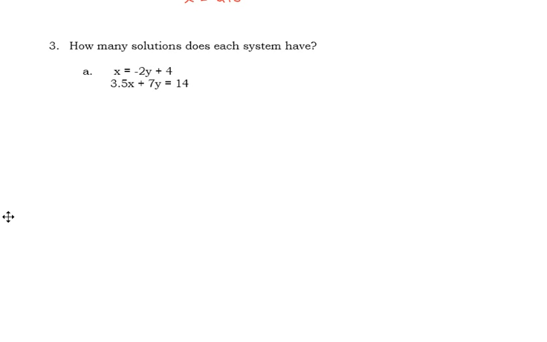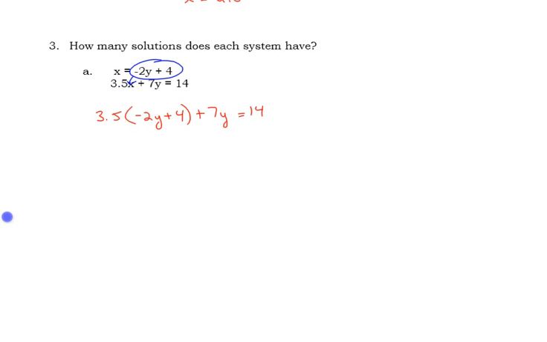Substitution says we want to get an x equals or y equals. Right now, the first equation says x equals, so we're going to take that expression and substitute it into the x of the second equation. Now, instead of 3.5x, we have 3.5 times the expression 4x, negative 2y plus 4, plus 7y equals 14.